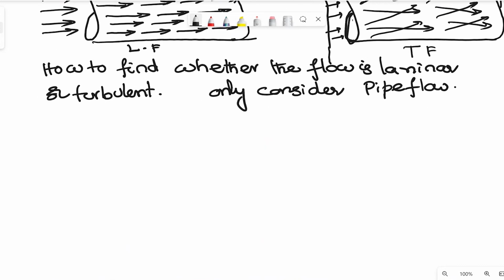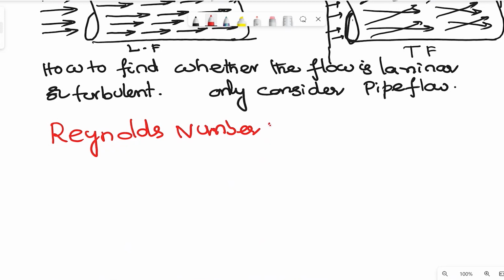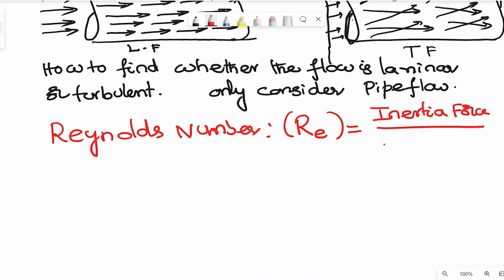Here it is done by the Reynolds number, which is represented by R suffix E and which is defined as the ratio of inertia force to viscous force.